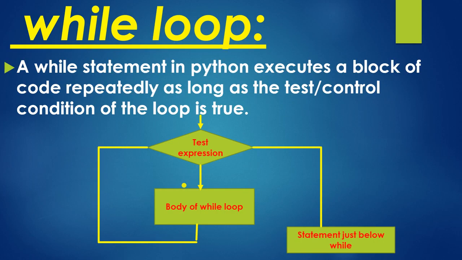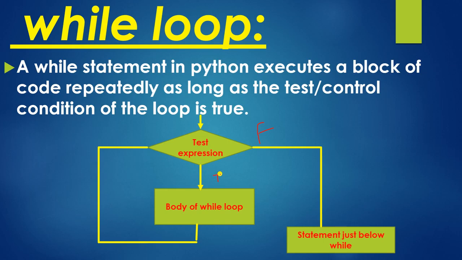Now next is your while loop. A while statement in Python executes a block of code repeatedly as long as the test control condition of the loop is true. Okay, so here in this test expression, it will check the condition.